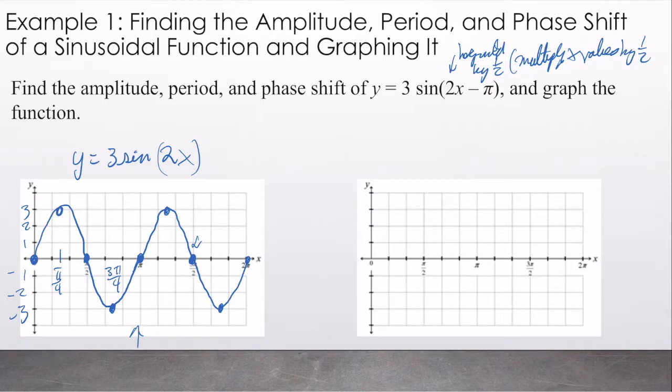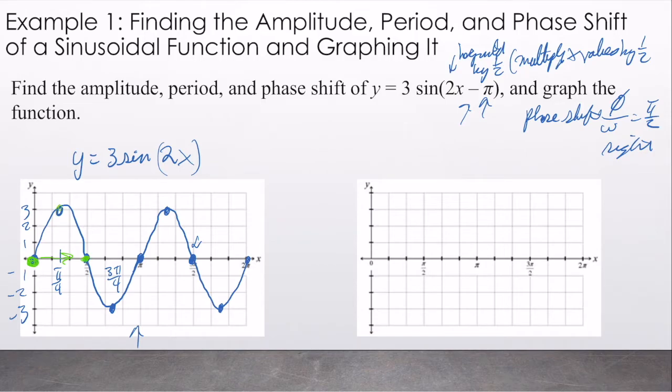Last but not least, we're going to phase shift our graph, not by pi. Remember, it's phi over omega, which is pi over 2. And we're going to shift it to the right. So let's mark this. Basically, I am moving everything pi over 2. So this point, 0, is going to move to pi over 2.